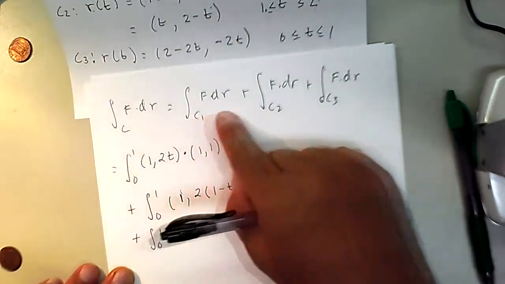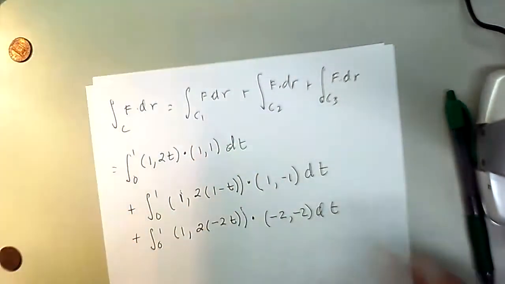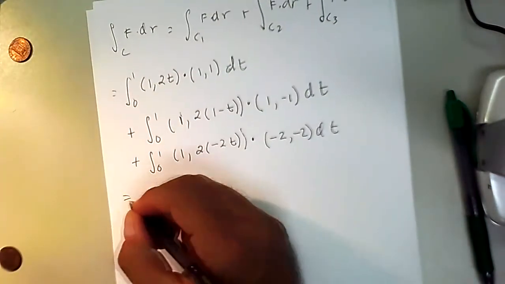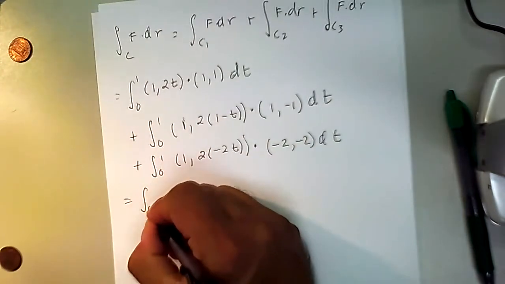So we got 3 integrals. Okay, let's simplify each one of them from 0 to 1.